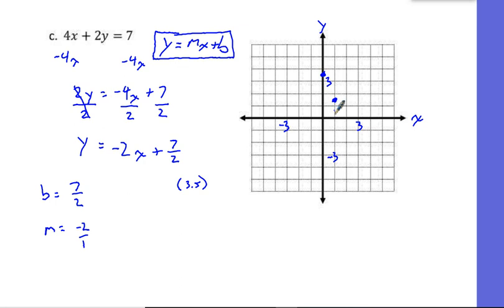We can continue counting down 2 to the right 1, down 2 to the right 1, down 2 to the right 1, or we could count up 2 to the left 1, up 2 to the left 1, which will give us this line.